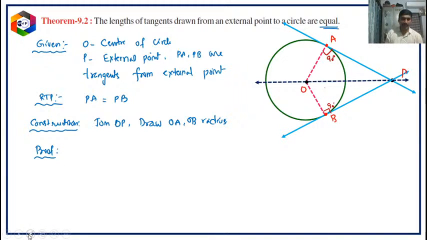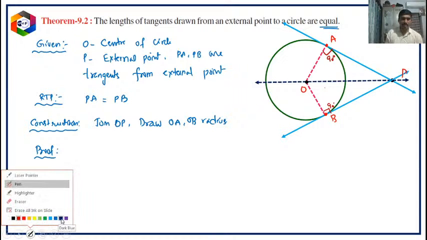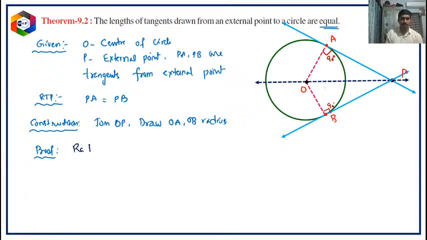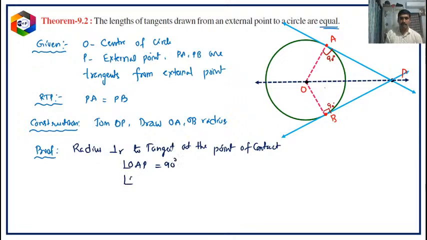First you can write the statement: radius is always perpendicular to the tangent at the point of contact. So angle OAP is equal to 90 degrees, angle OBP is also equal to 90 degrees. Let us assume it as 1.